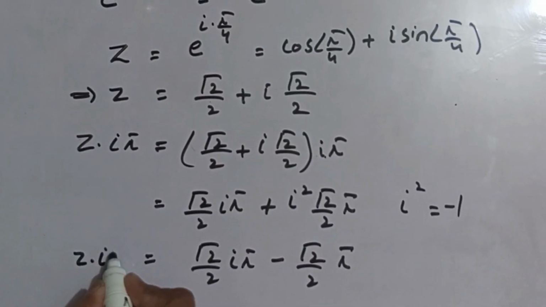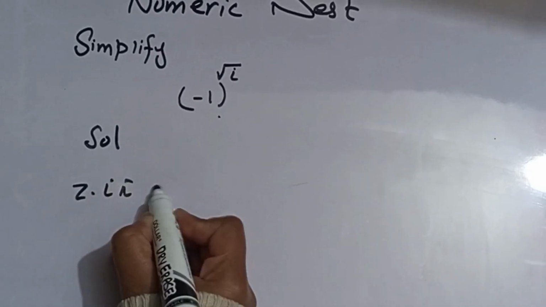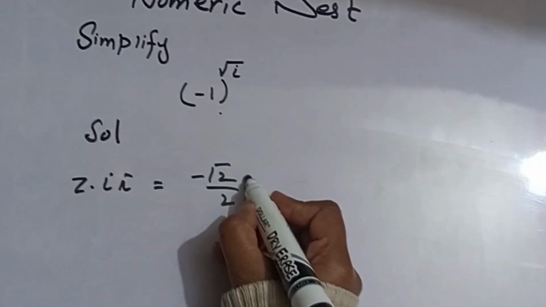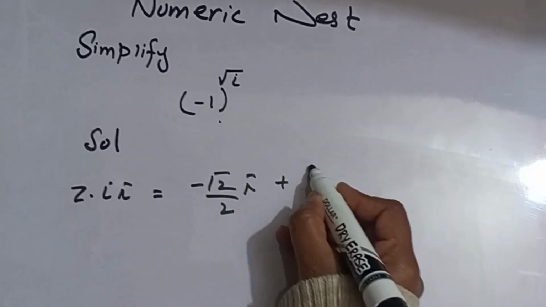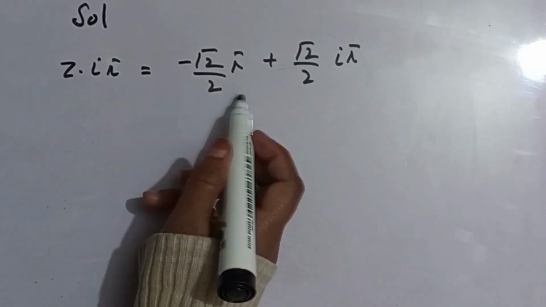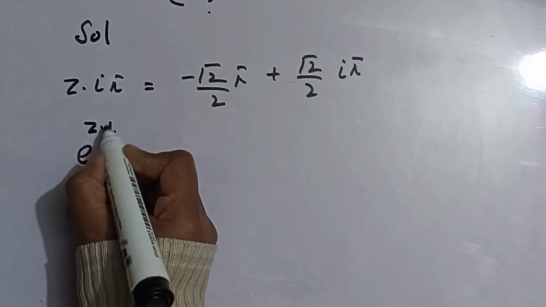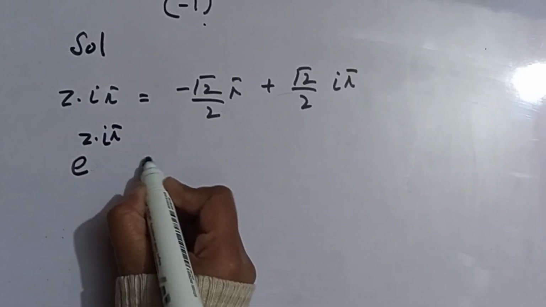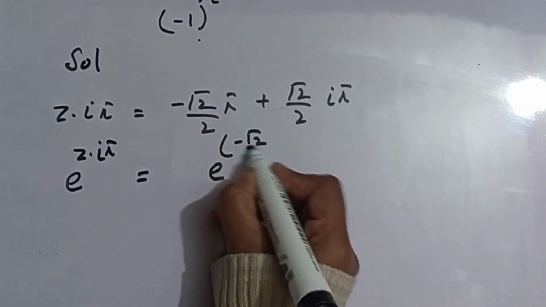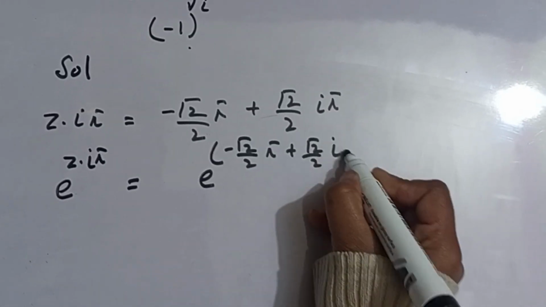In the next step, we rearrange this equation a little bit. Z times iota pi is equal to minus square root 2 over 2 pi plus square root 2 over 2 iota times pi. In polar form, we write this as e raised to the power z multiplied by iota times pi, which is equal to e raised to the power minus square root 2 over 2 pi plus square root 2 over 2 iota times pi.